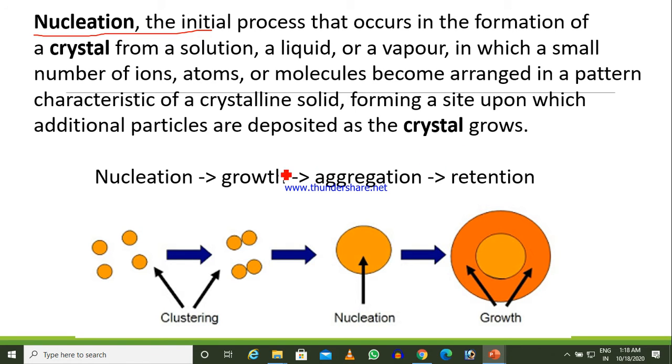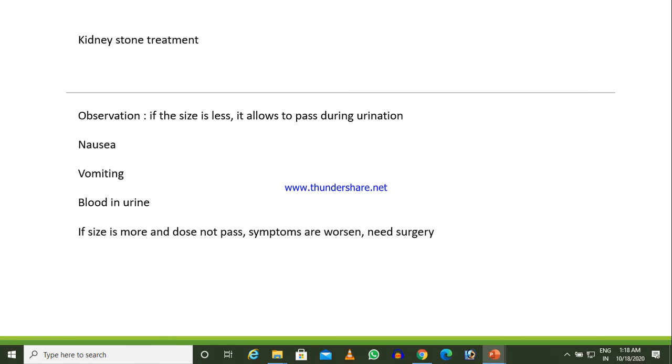So first the nucleation, then growth, then aggregation, and then retention. So this is the formation of the renal stones.